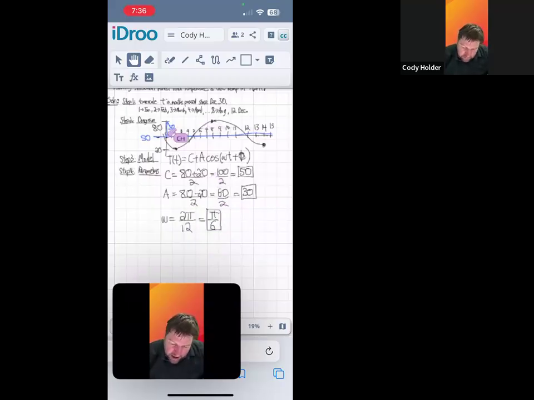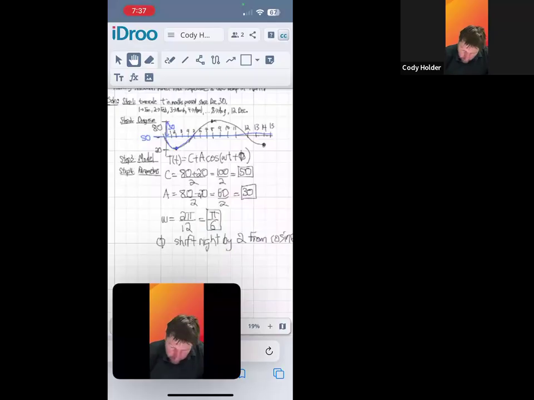Well, look up at the graph and notice that the minimum is at time 2. So take a cosine graph and shift it to the right. So for phi, we need to shift right by 2 units, right? We take our cosine graph and shift it right 2 units.